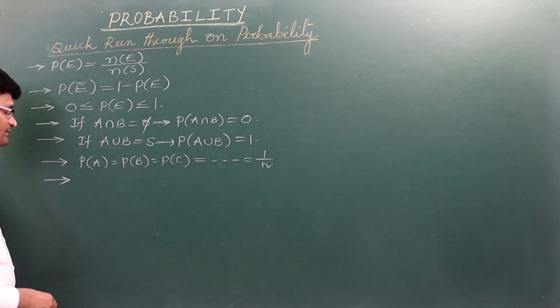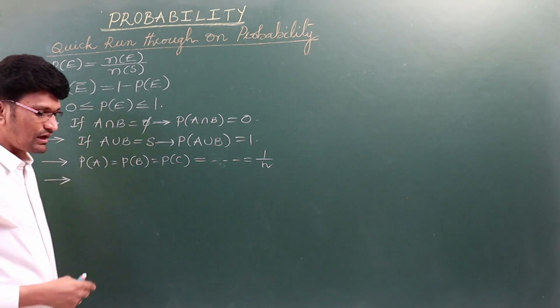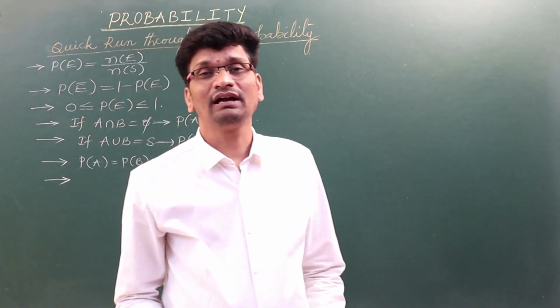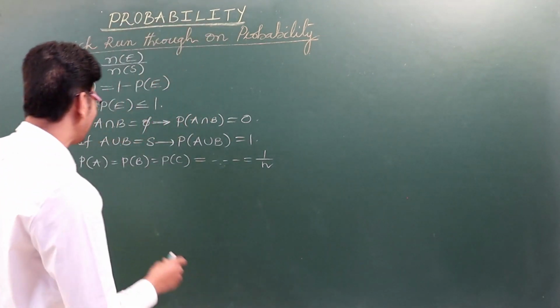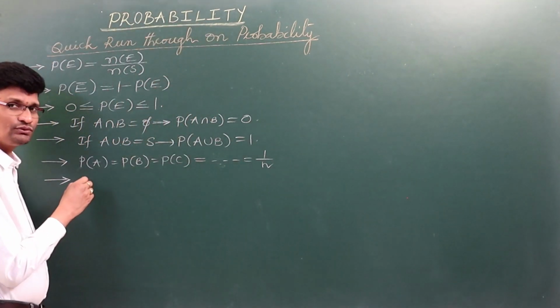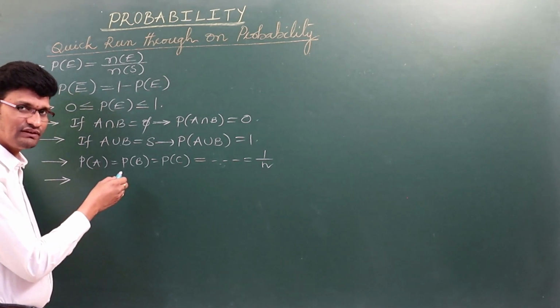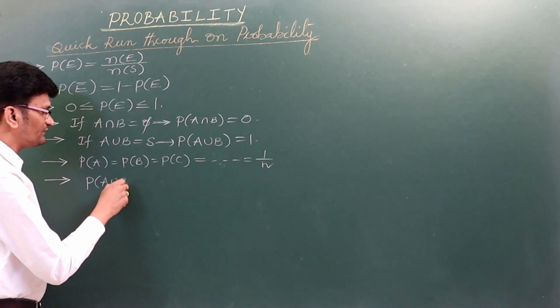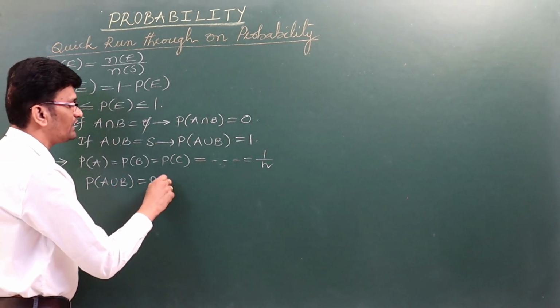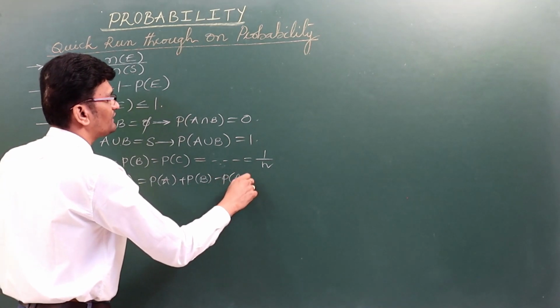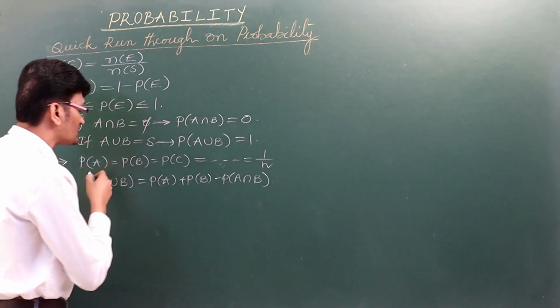Now, after defining the classical definition of probability, we have the addition theorem. What is the addition theorem? If A, B are any two events of a random experiment with sample space S, then P of A union B is equal to P of A plus P of B minus P of A intersection B. This is the addition theorem.